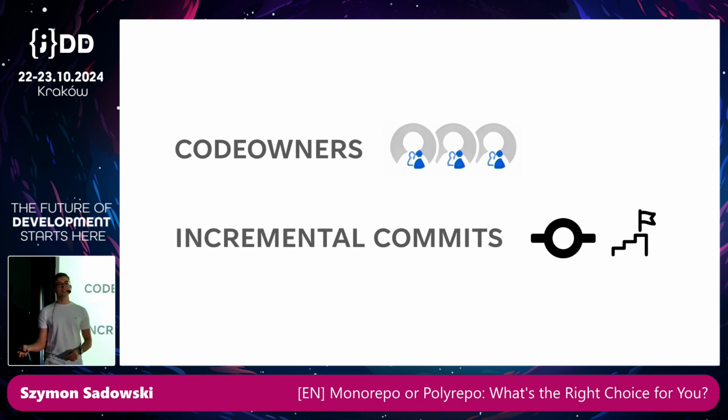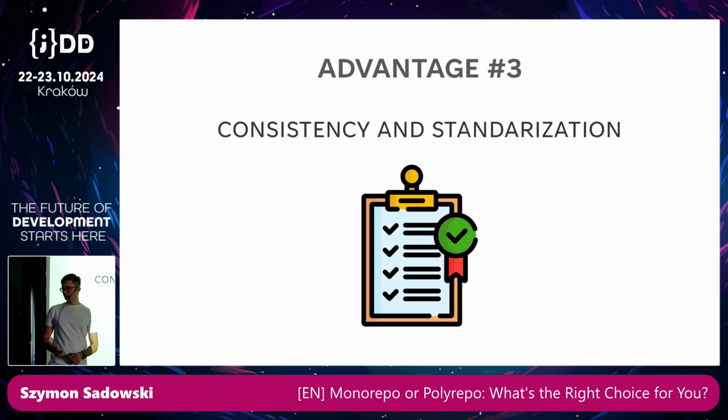If this directory is modified, then this particular group of people needs to review and approve it. And also, if the changes are very complex, you can make them in an incremental fashion, so that step by step in commits, you are introducing the reviewer to what you are doing. So definitely those two mitigate those challenges quite well.